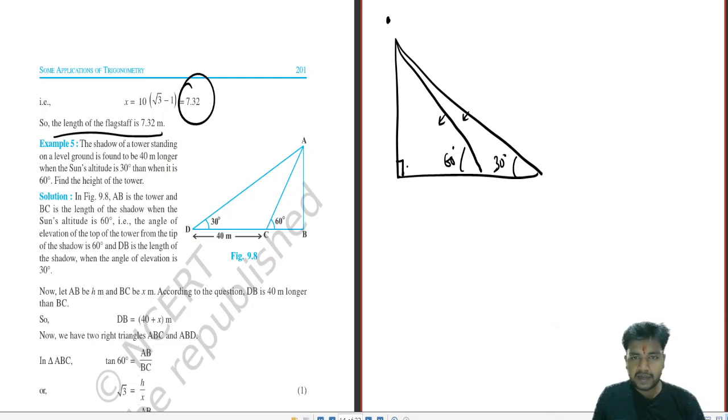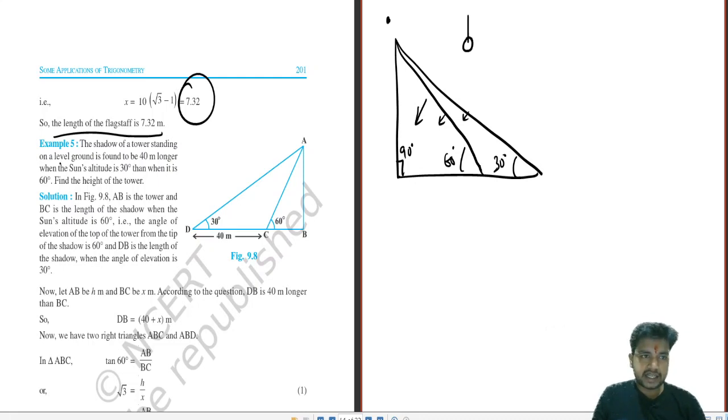Because at the middle it will be 90 degree, at the top. That means there will be no shadow, or the shadow will totally collapse under you. At that point it will be 90 degree. So if we go a bit outside from the central line, the altitude will decrease, the angles will decrease. And as we go inside, the angles will increase. This concept should be remembered by you.